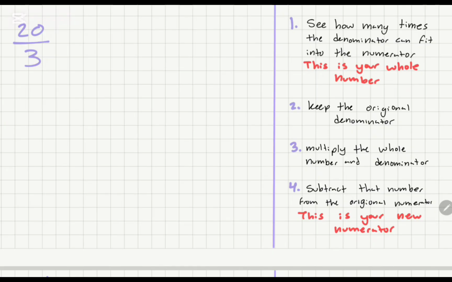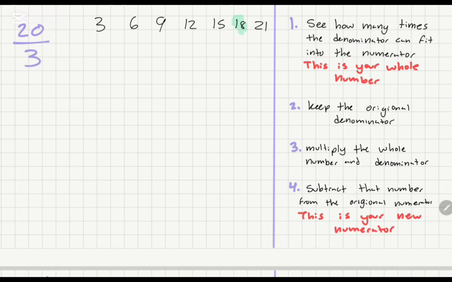I'm going to do that by skip counting. 3, 6, 9, 12, 15, 18, 21. I'm going to give you a second. What number is smaller than 20 without going over it? That would be 18.